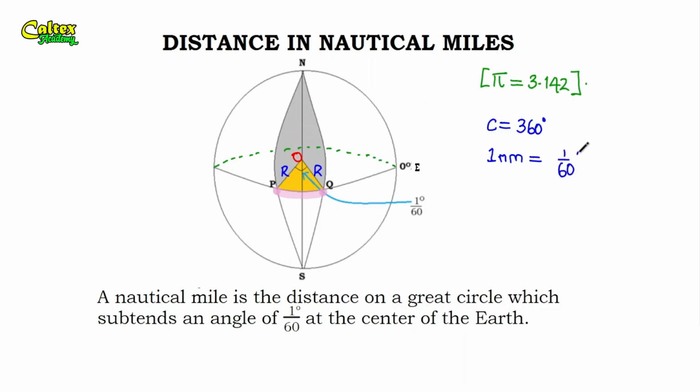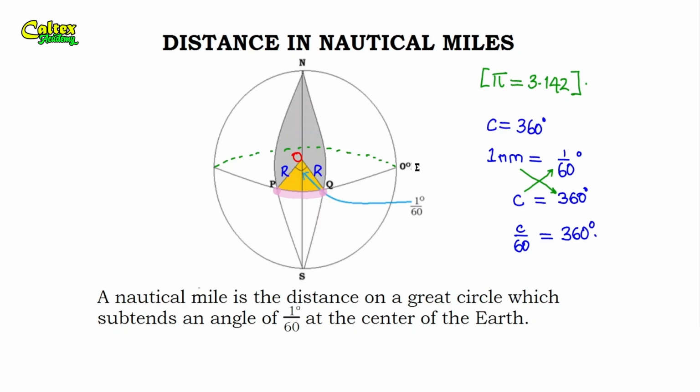that is 1/60 degrees. So if we have C as our circumference, equivalent to 360 degrees, and we cross multiply, you realize that C multiplied by 1/60 gives C/60, equivalent to 1 times 360, which remains 360 degrees.